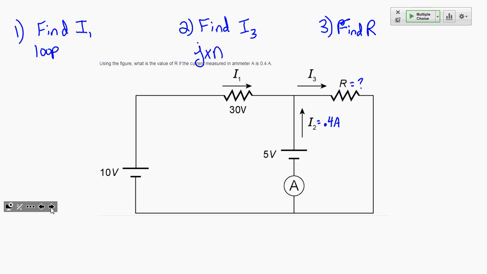And then you'll find R. Once you know all the currents, it becomes fairly straightforward to find R through the loop rule. And with that, you can use the big loop or the right loop. You can't use the left loop because that wouldn't even have R in it. But you can use the big loop or the right loop. It doesn't matter. Okay? All right, so that's the second one I wanted to look at.